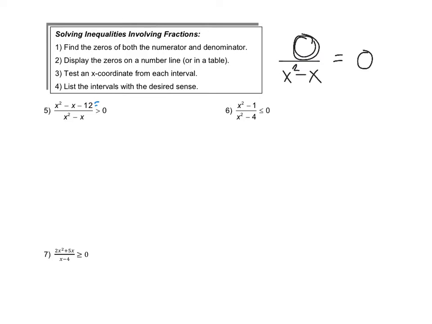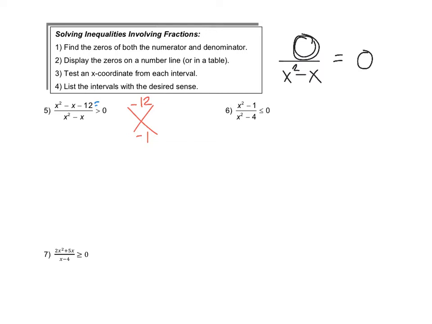So just like with the problems we saw in class on the first part of this lesson, we always need to factor first. So once we factor, then we can find our zeros. So before I continue and looking for my zeros, I'm going to factor this entire fraction. So the numerator factors, I want to figure out what's multiplying to negative 12 and adds to negative 1.